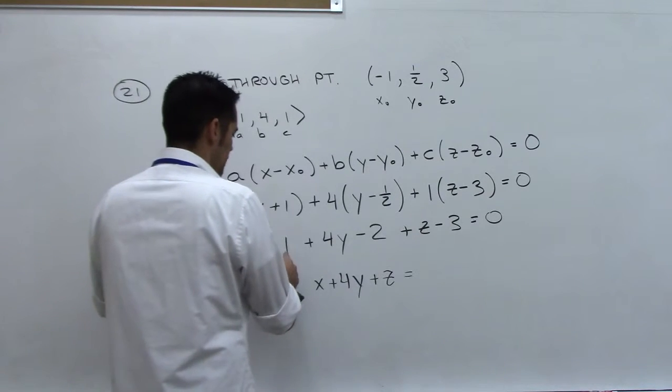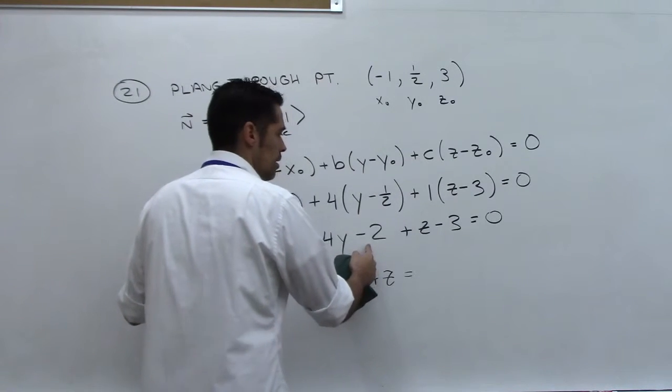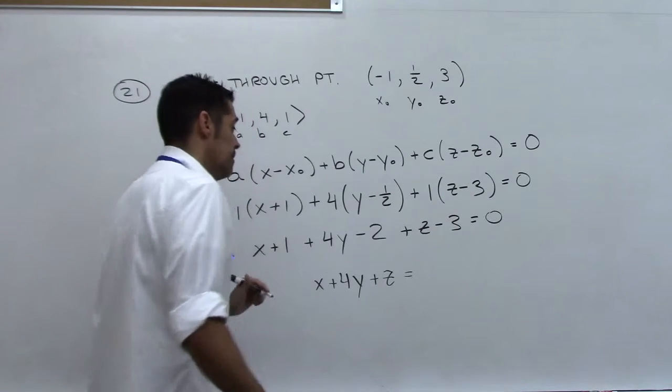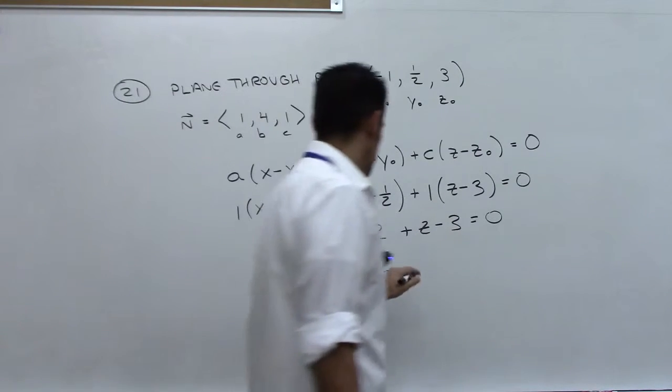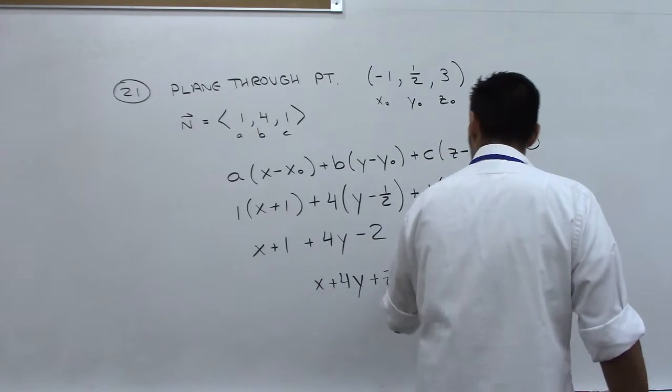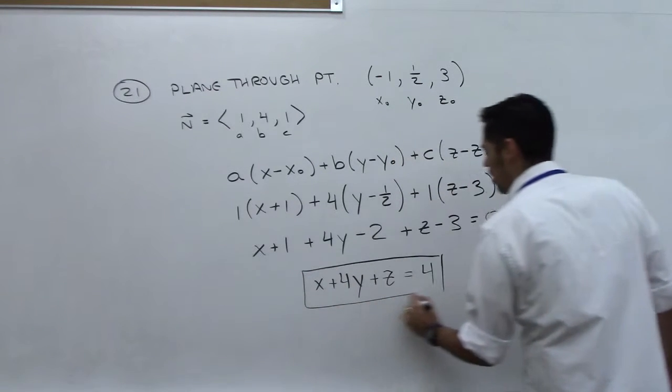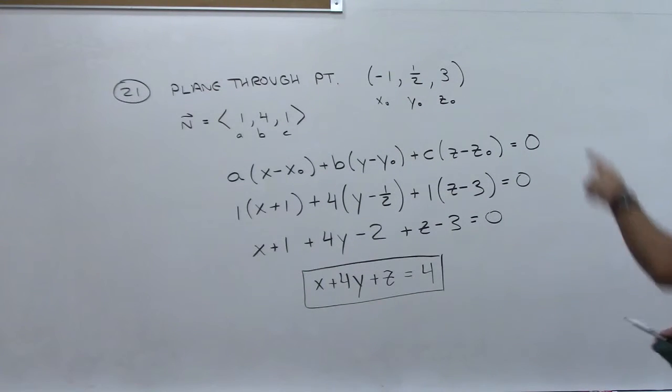So I have 1, take away 2 is -1, minus 3 is -4, but then we move it to the other side, so 4. That is the equation of the plane that goes through that point and has a normal vector of (1, 4, 1).